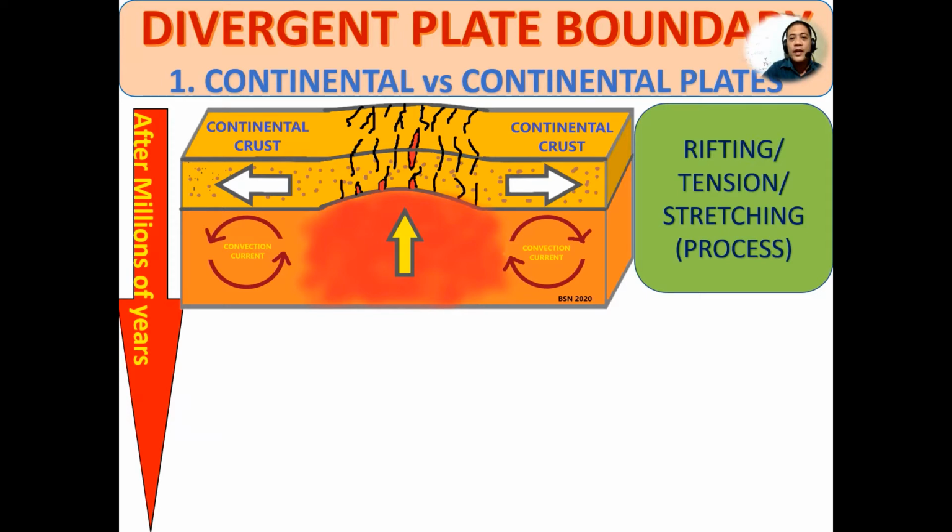And you will find a set of parallel fractures that form a graben. A graben is a valley with a distinct escarpment on each side caused by the downward displacement of a block of land.